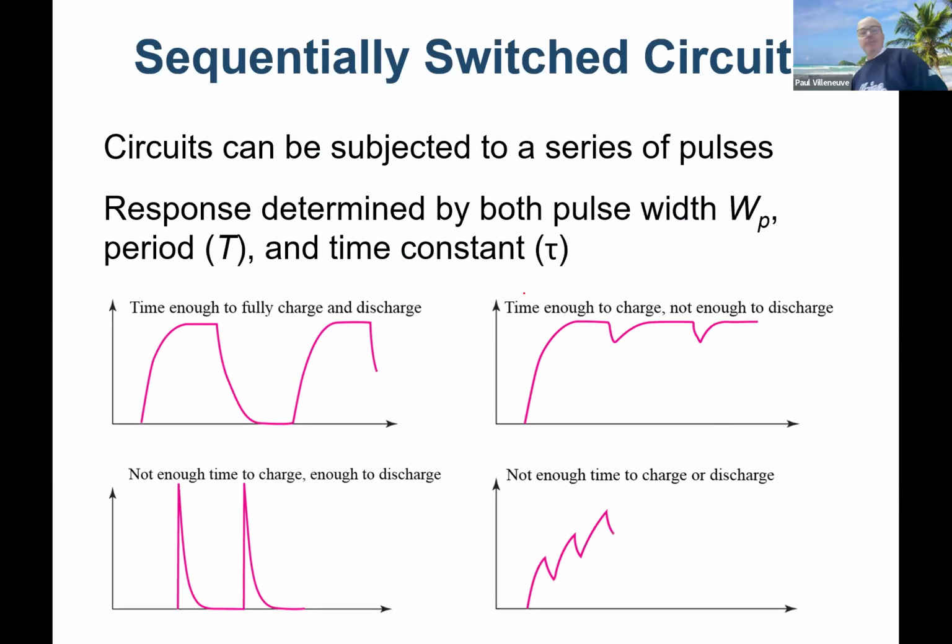In the first case, and it doesn't say if it's a capacitor or inductor, it can be either one, it would just be voltage or current. In the first case, we've allowed the capacitor or inductor to fully charge. How do we know? Because this is flat. It ramps up, looks like an exponential, flattens out, and then at some point the switch transitions and you can see it's completely discharged.